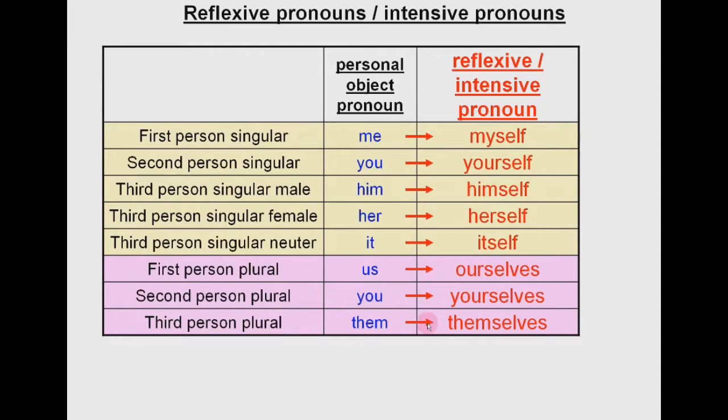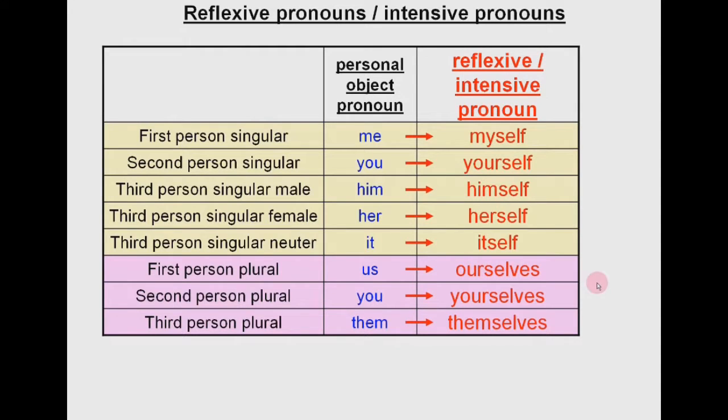And then we have the plural. So first person plural ourselves, second person yourselves, and third person themselves. So look carefully at the spelling. So in the singular, they all end with the letter F. And in the plural, they end with the letters VES.